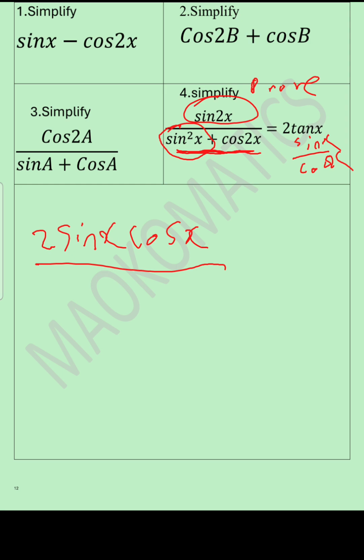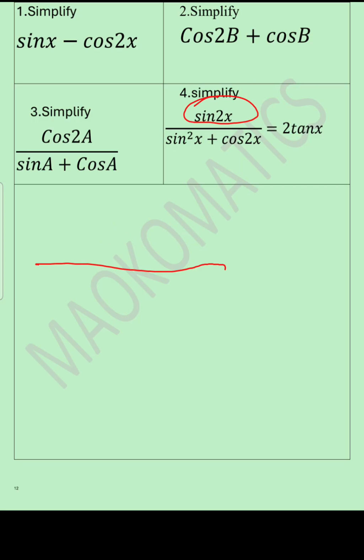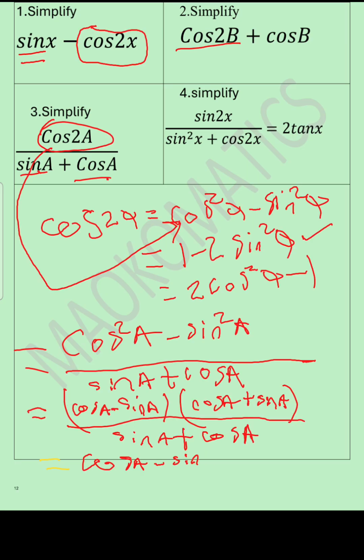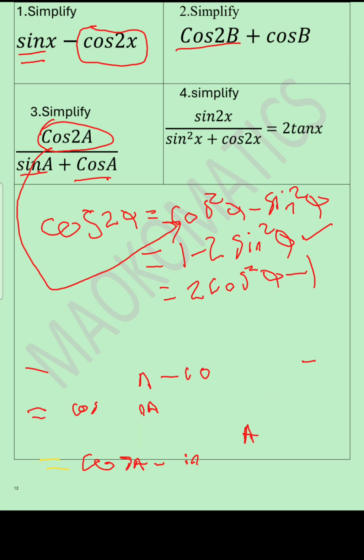So I must change the double angle identity to the one that has got cos in it, not cos only, but sine, so that the sine will be removed.